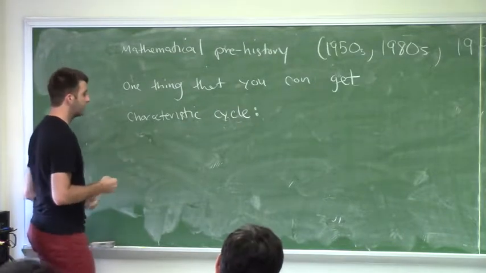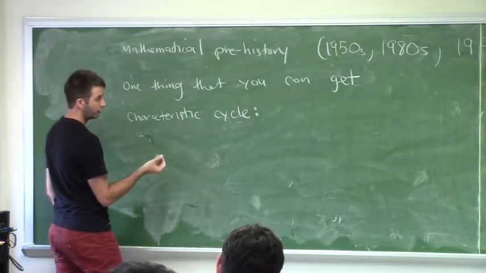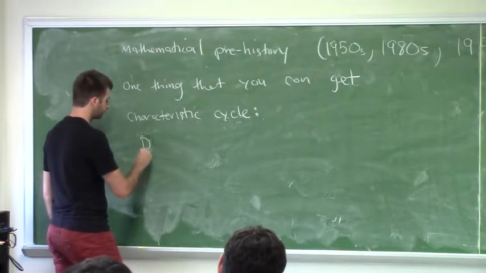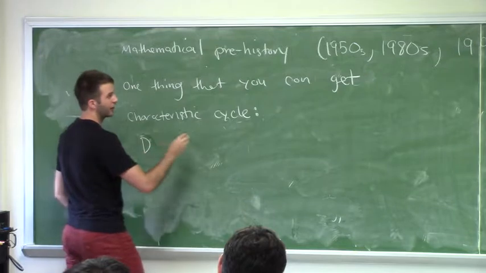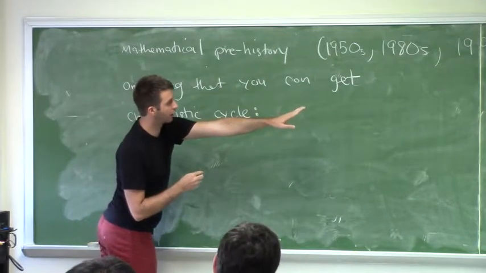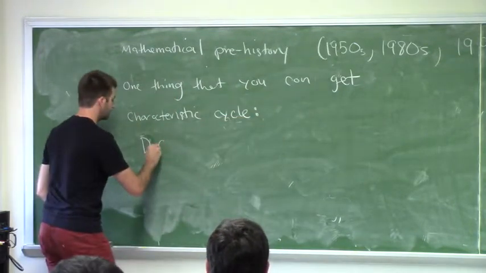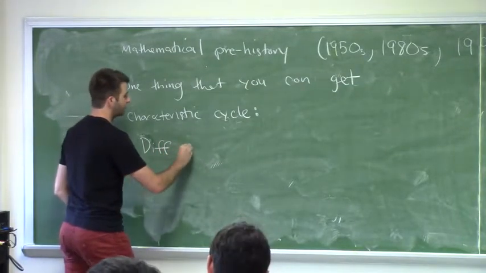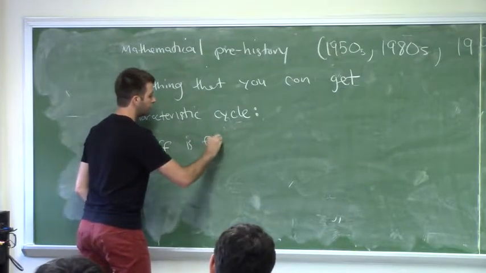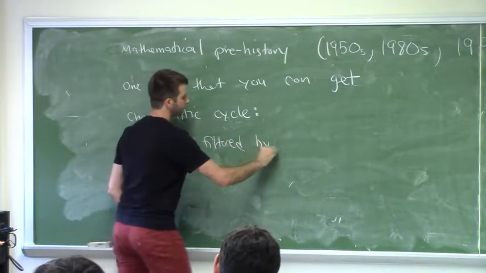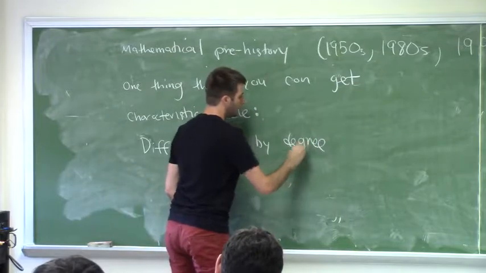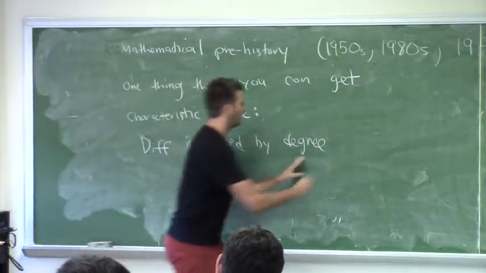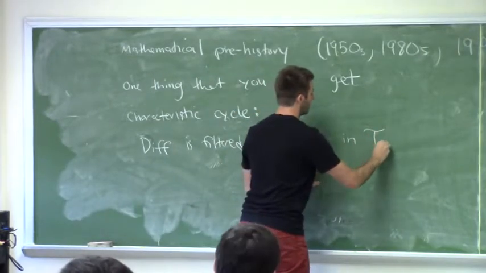Okay, so the first thing that you should notice is that for a second I'm just going to specialize to when the character is rho. So I'm just going to specialize to D_X, but everything will actually work the same for all the others. So this thing is filtered by degree in the vector fields.